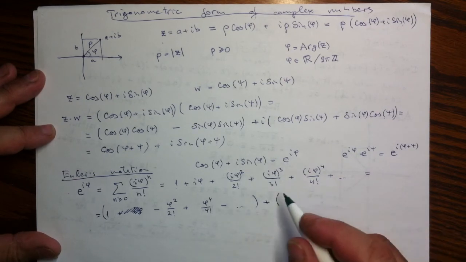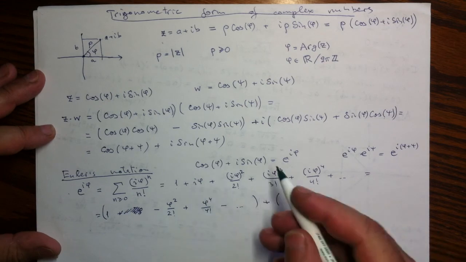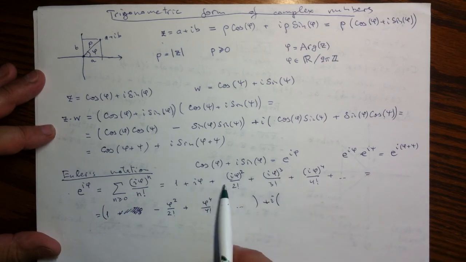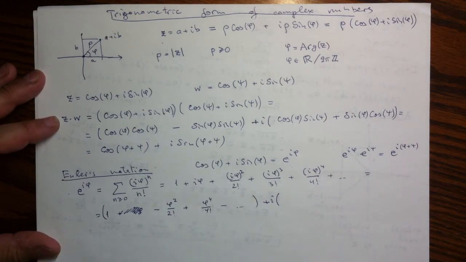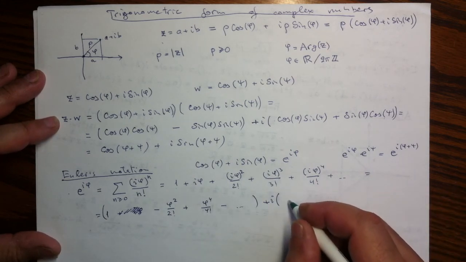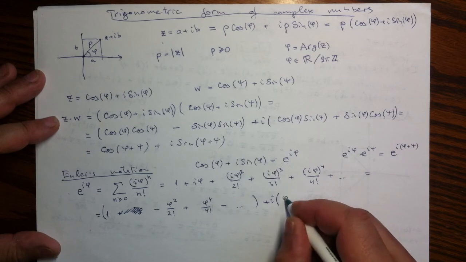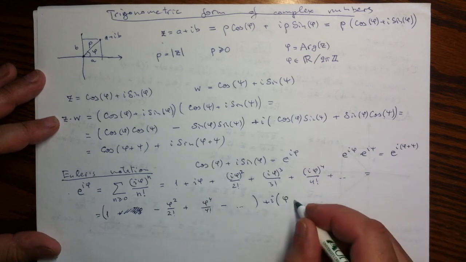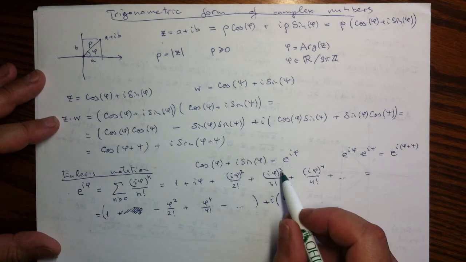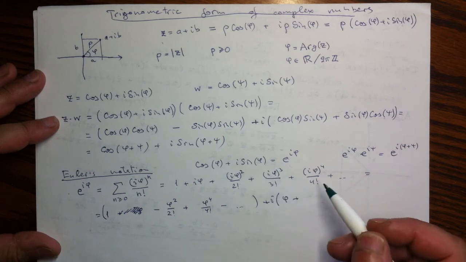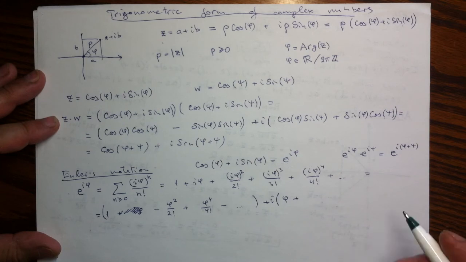And you can see what the members of this series are. So let me now collect with i in front all the odd powers. I will factor i from them, because they all have a multiple of i in them. The remaining thing will be first phi, then i cubed times phi cubed over 3 factorial. Well, i cubed is i times i squared, which is -1.